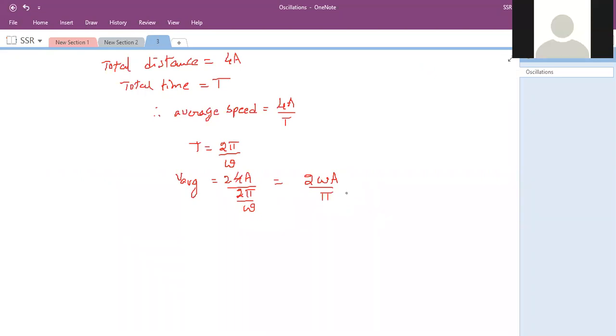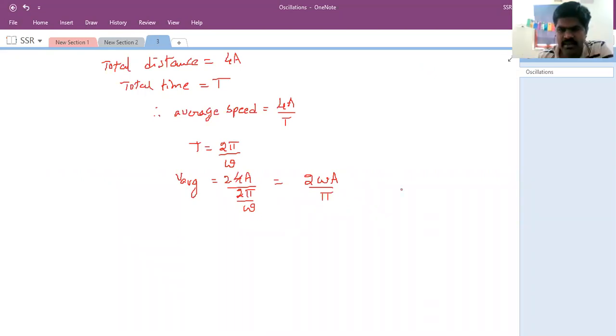What is omega A? Anybody can say? A omega is equal to V max, the maximum speed of a particle executing SHM. Then V average is equal to 2 by pi V max.